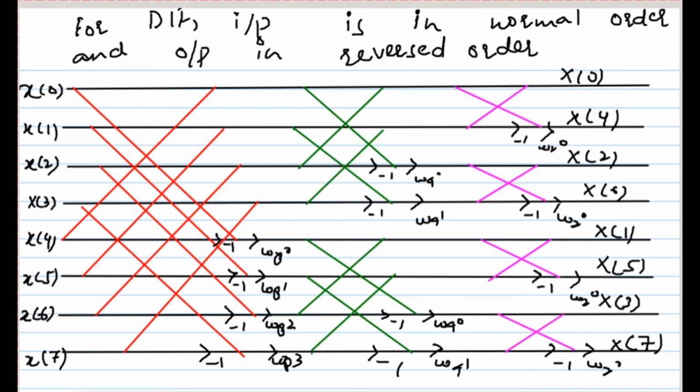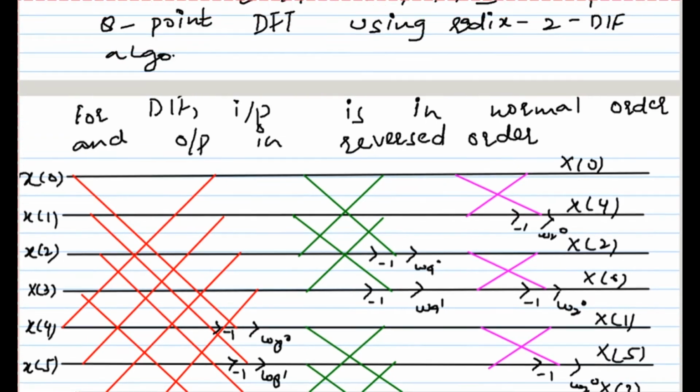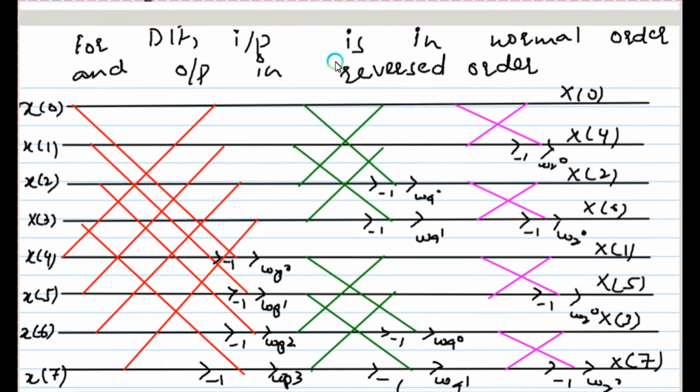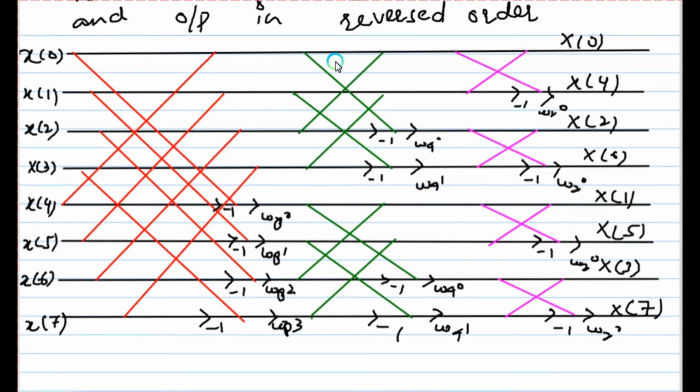I have drawn the basic butterfly diagram for the decimation in frequency FFT algorithm. As you can see, N equals 8, so the number of samples will be 8, from x of 0 to x of 7. We'll have 3 stages. In the first stage we find 8-point, then 4-point, and finally 2-point. So it will be a reverse of DIT.